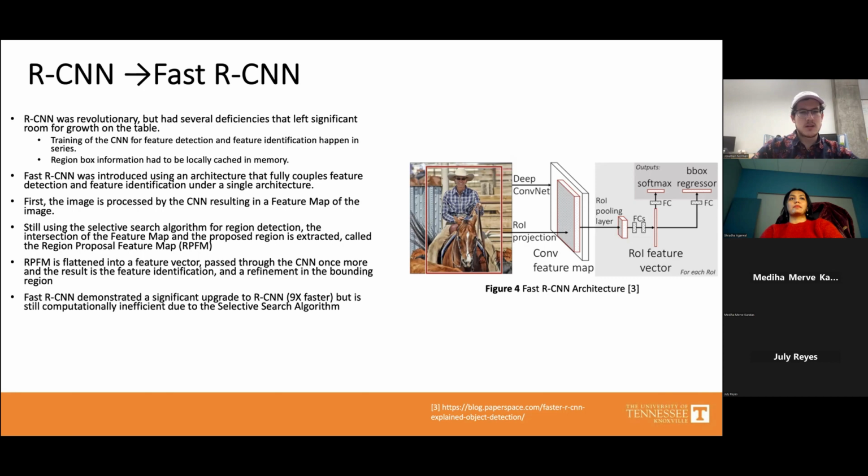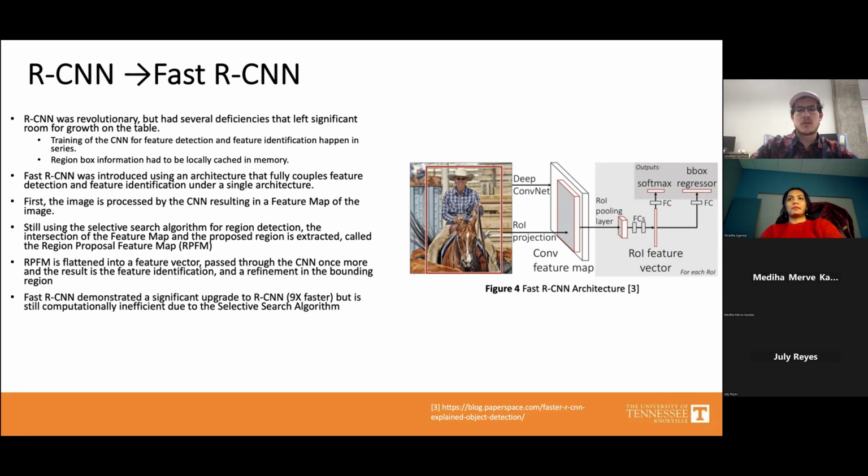Fast RCNN rectified this problem by introducing a fully coupled neural network. So basically, the regions of interest are selected through selective search once again. They are passed through the convolutional neural network to decompose them into a feature map. This feature map is then used as an input into the region proposal feature map.